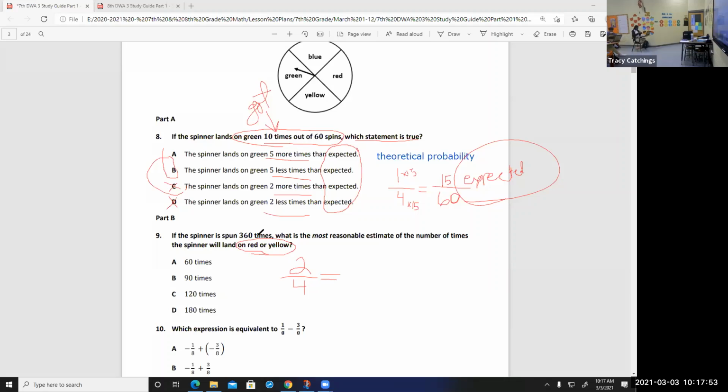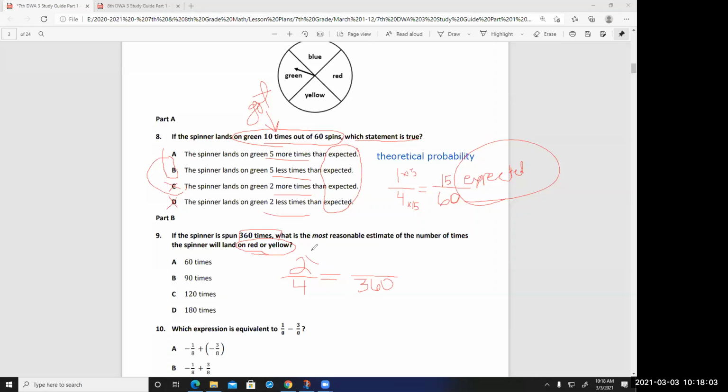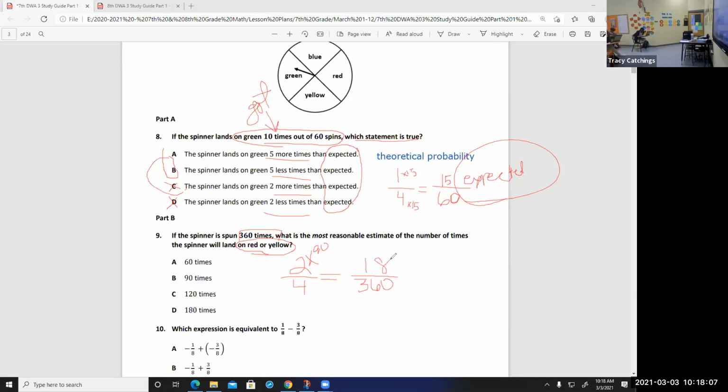All right, and then they told us 360 times. That's going to be our denominator. 4 times what is 360? Good job. So then 2 90 times. That's the 180.